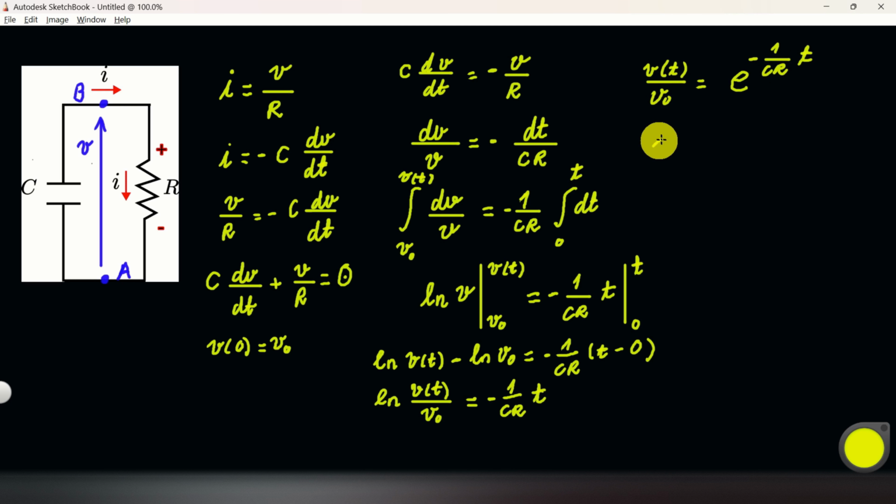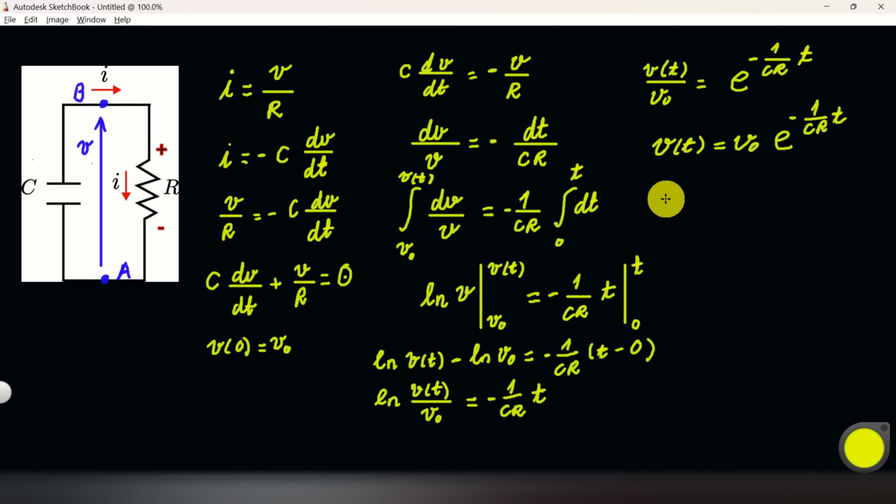And then finally we obtain that v of t is equal to v of 0, which is our initial voltage across the terminals of the capacitor, and over here we will have exponential of minus 1 over CR multiplying time. And this is the final expression.